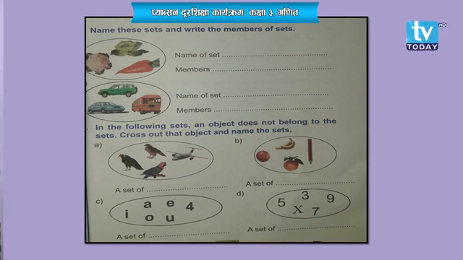Okay. Now, in the second picture, have a look at the second picture. What is that? It's car, Scorpio and bus, right? Can you name that set? Yes, just write down vehicles and then the members of that set also: car, Scorpio and bus.